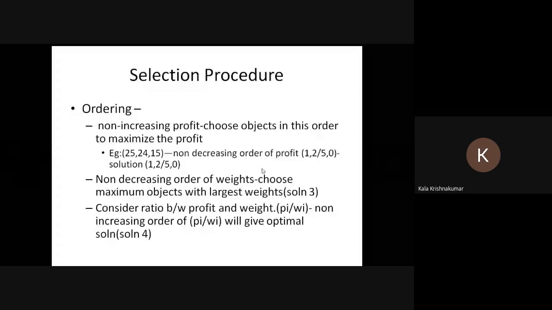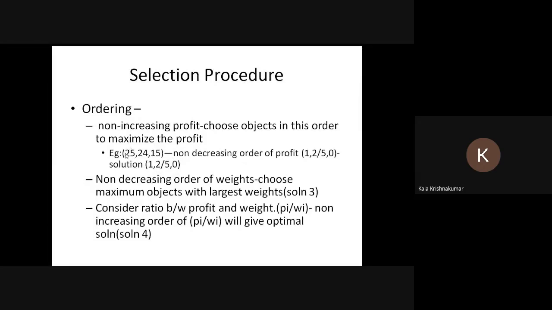It is a mistake. Non-increasing order of profit, then you can pick 1 comma, so it means your profit is 24, then 2 by 5 comma 0, which means your solution is 1 comma 2 by 5.